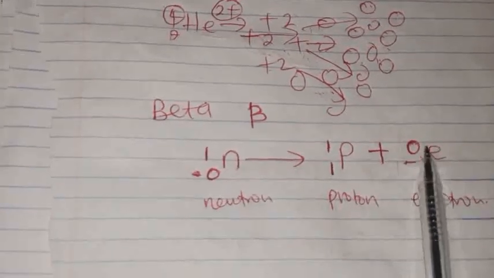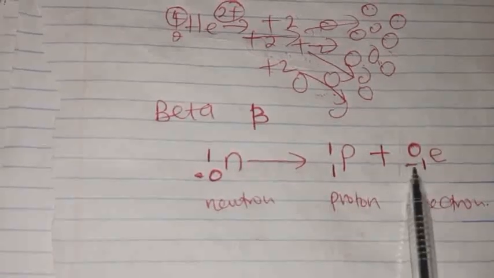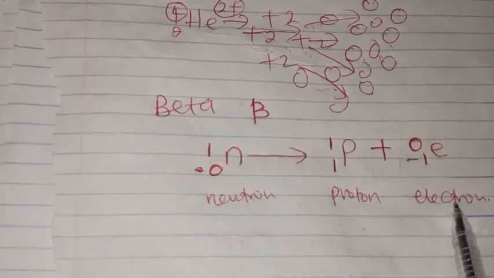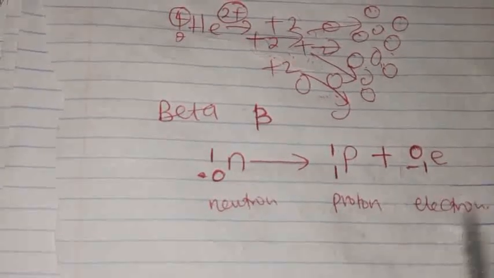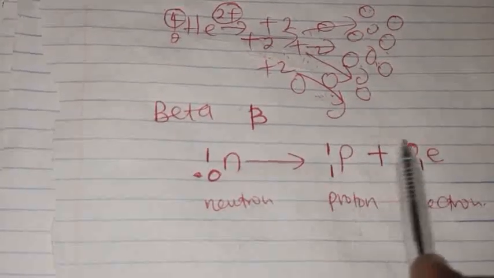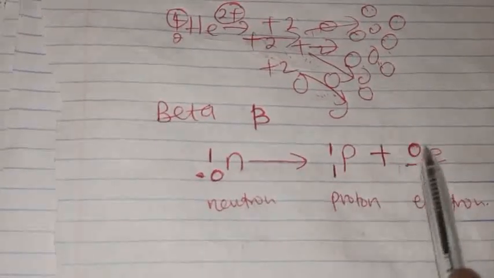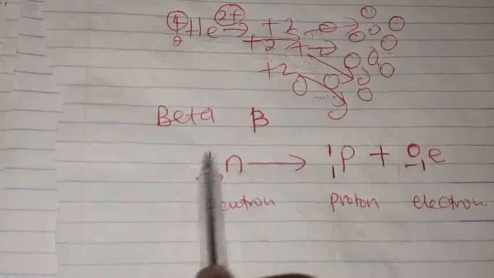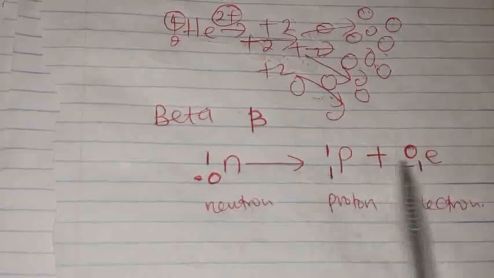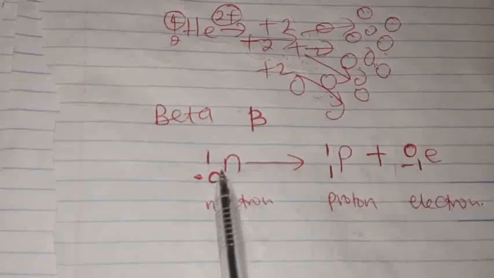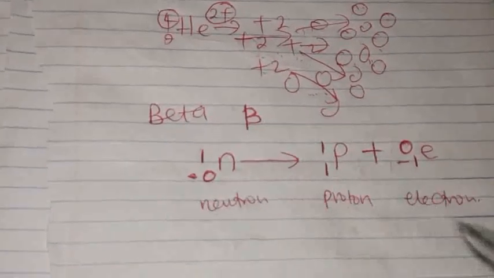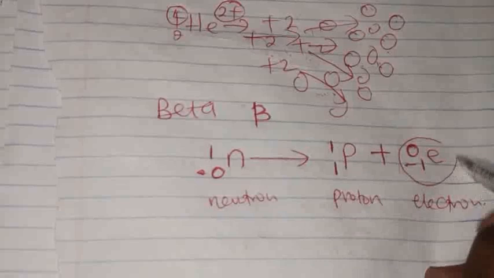The electron has no mass number, but it has a negative charge of -1, and it is called an electron. For this case, you're going to realize that the mass numbers 1 plus 0 on the proton and the electron add up to the mass number of the neutron. So 1 plus 0 is 1. Then the atomic numbers of the proton and the electron should also add up to the atomic number of the neutron. 1 plus -1 gives you 0. So basically, this one becomes our beta particle.